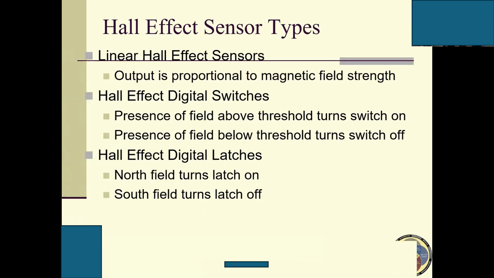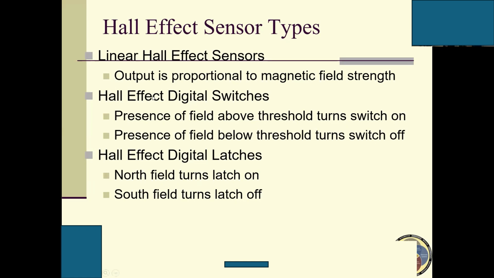So there are 3 different types of Hall effect sensors. The first one is linear Hall effect sensors. The second one is Hall effect digital switches. The third category is Hall effect digital latches.